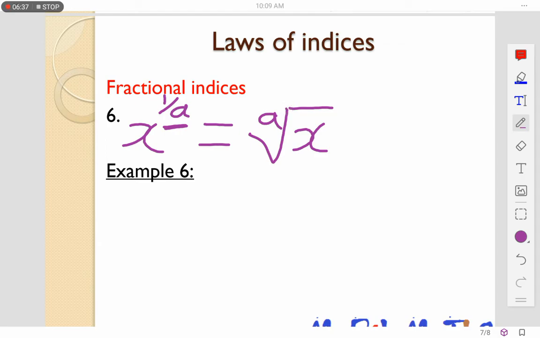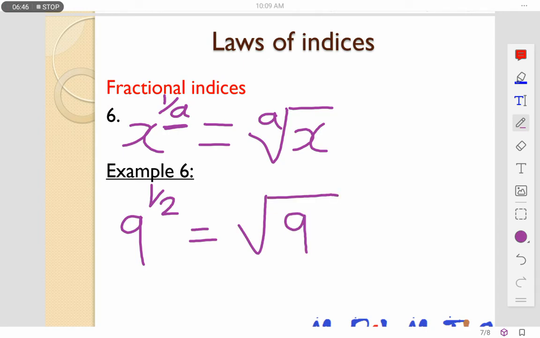Let's have an example. 9 to the power of 1 half. We will get the square root of 9. If you write it, the 2 is the same as the square root of 9. It's one and the same thing.